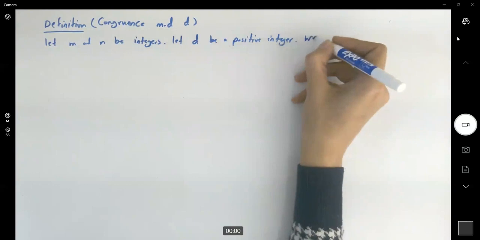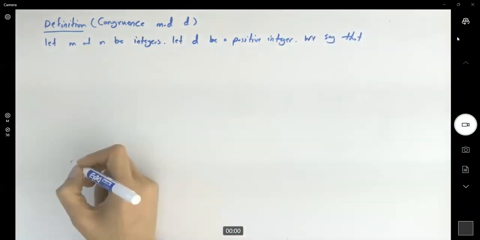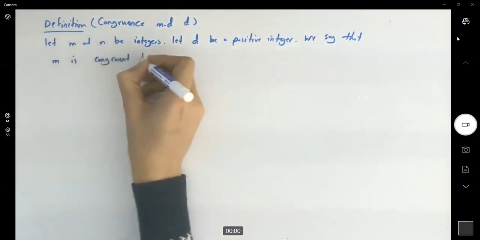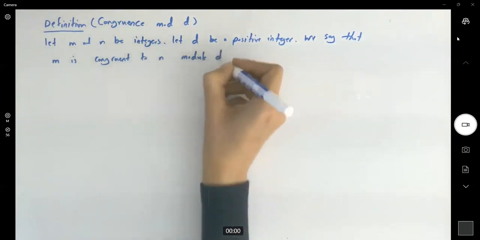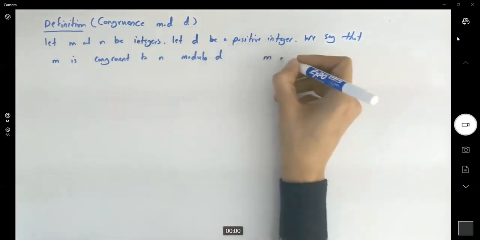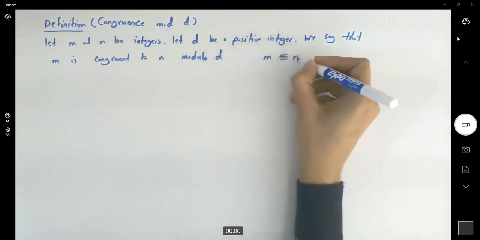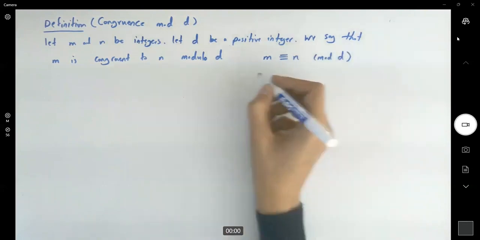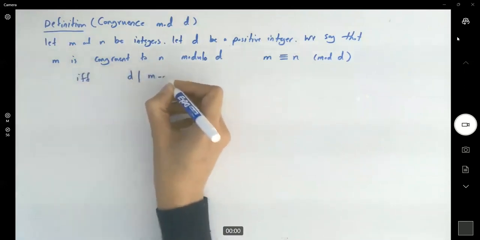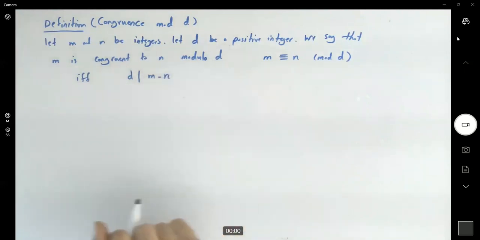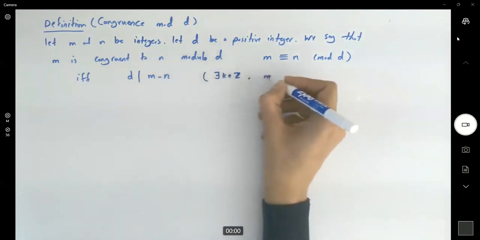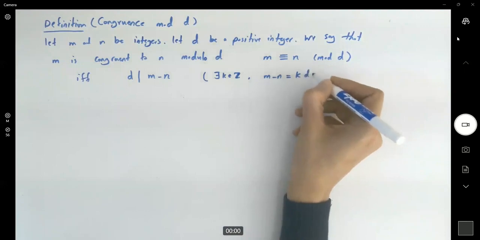We say that m is congruent to n modulo d, or mod d, and we write it this way: m is congruent to n mod d if and only if d divides the difference between m and n, or from what you remember, there is an integer k such that m minus n is equal to kd.